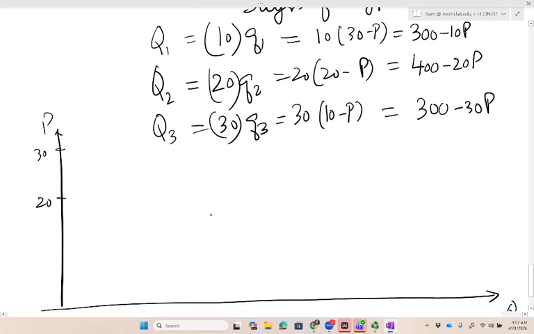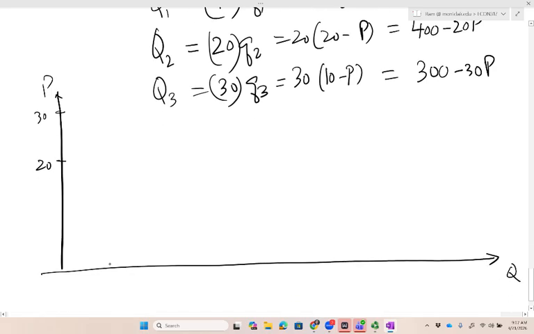And when price is 20, 300 minus 10 times 20 is 300 minus 200, so Q1 would be 100. So that's what we obtain when we have buyers of type 1 only participating in the market.